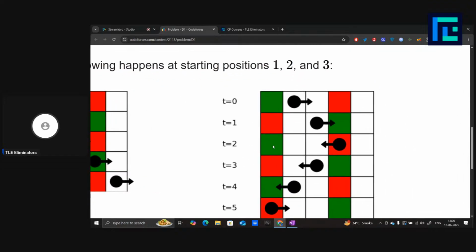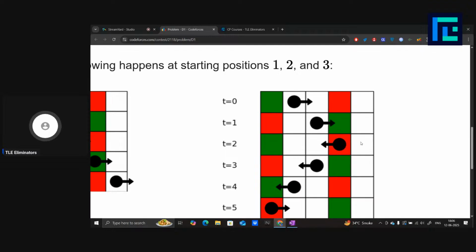So let's see this case. Here you can see if we start from here, initially this is green, this is red. Wherever we are, we don't have a traffic light, so we can move ahead. We moved here, and again we don't have a red light here, so we can move ahead. Now we are here, facing the positive direction, right?